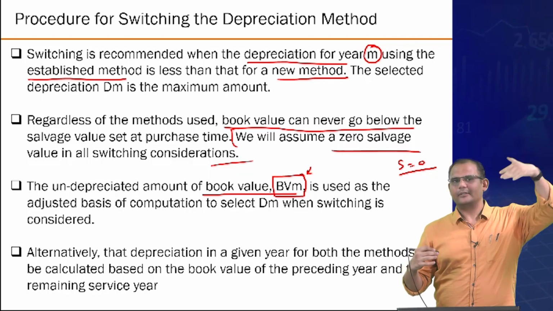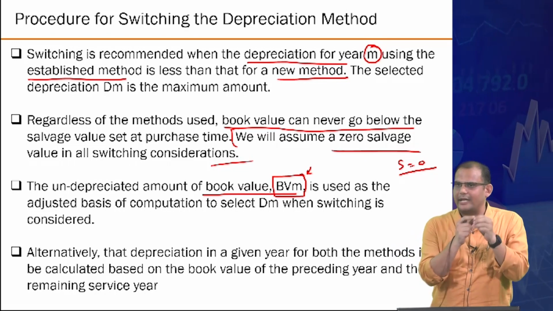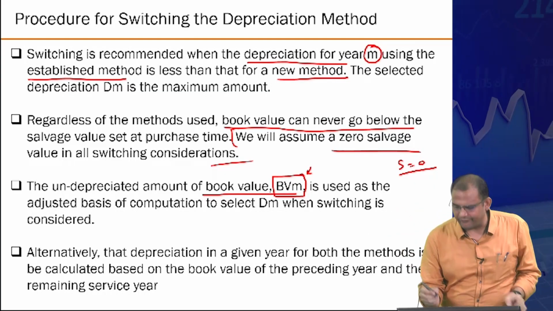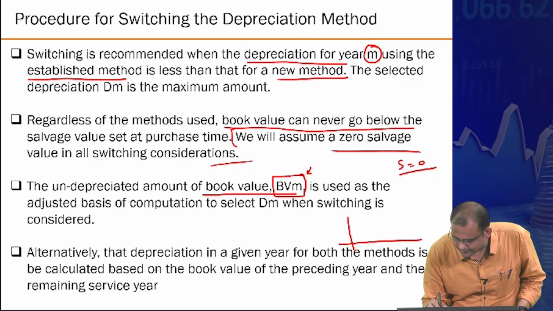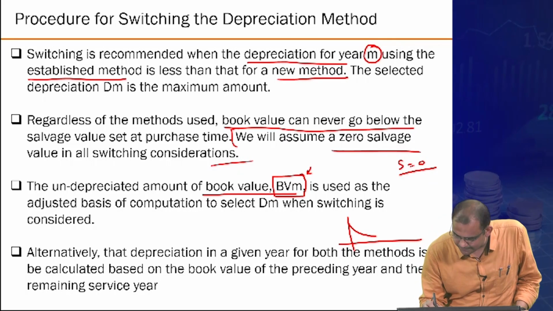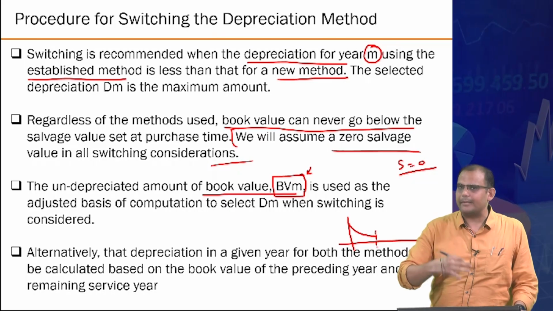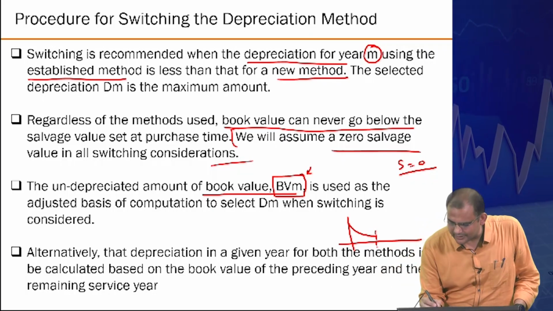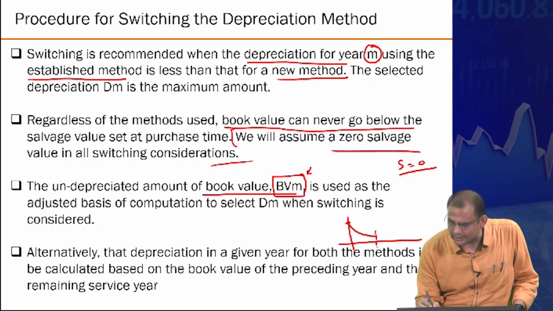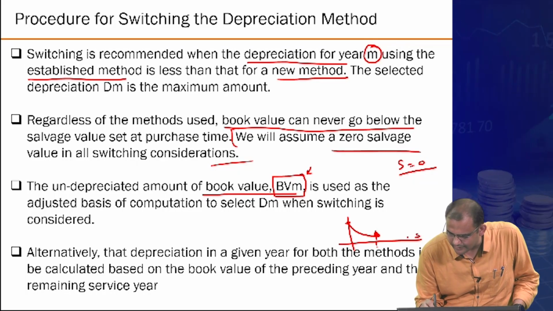So, it's not like the straight line calculation you need to do at every step is a single calculation, you are not always adjusting the original B minus S. If, for example, in the beginning you were using a DDB method, and at this point onwards you need to decide whether to switch from DDB to straight line, the calculation of straight line does not happen on the original value. The calculation of straight line happens on this current value and the remaining salvage value.